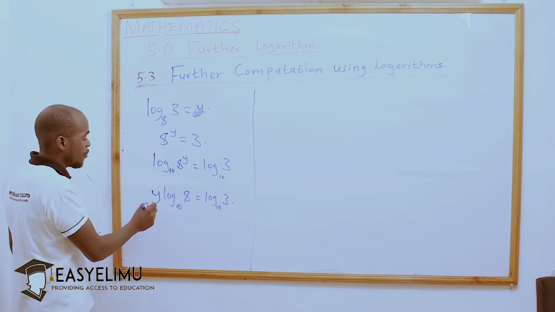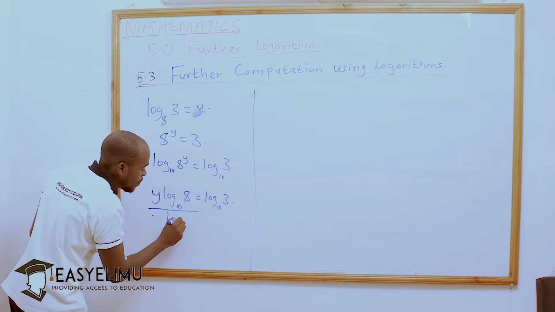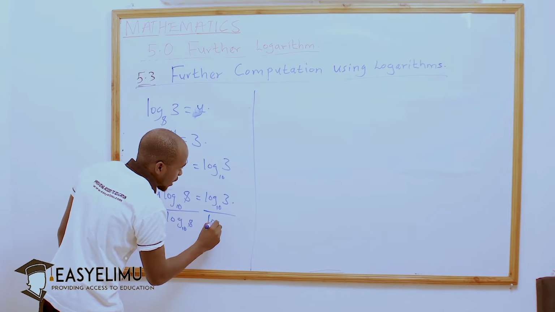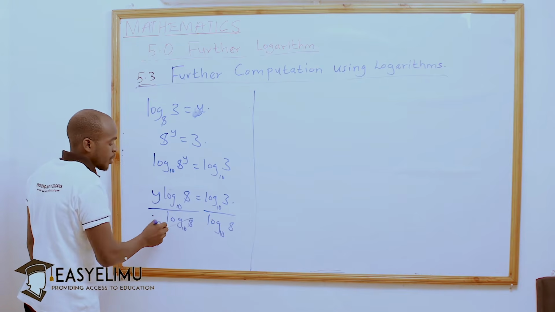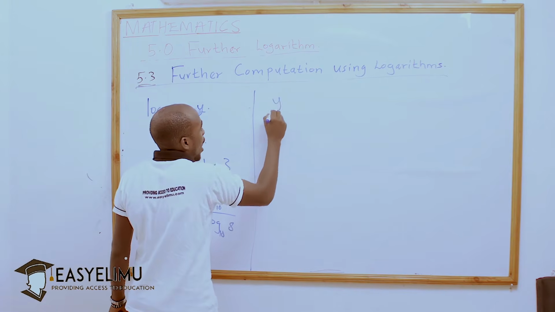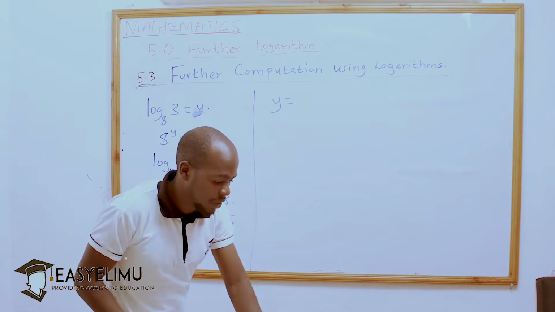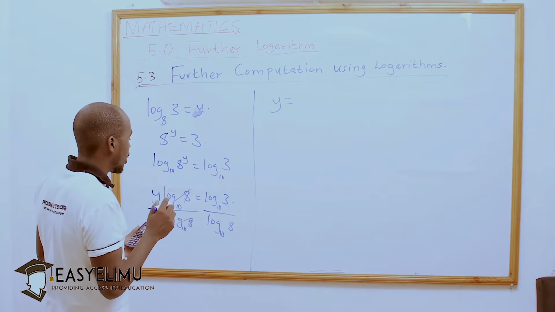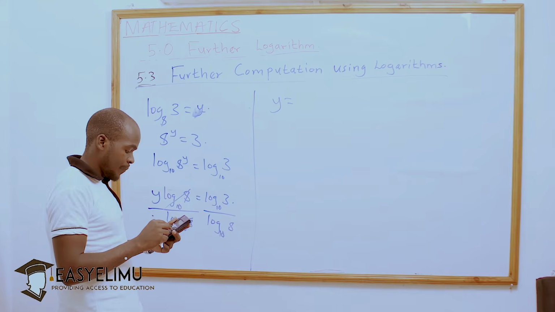If we need the value of y here, we are required to divide both sides by log to base 10 of 8. So we shall find that our y here is going to be log 3 base 10 over log 8 base 10.